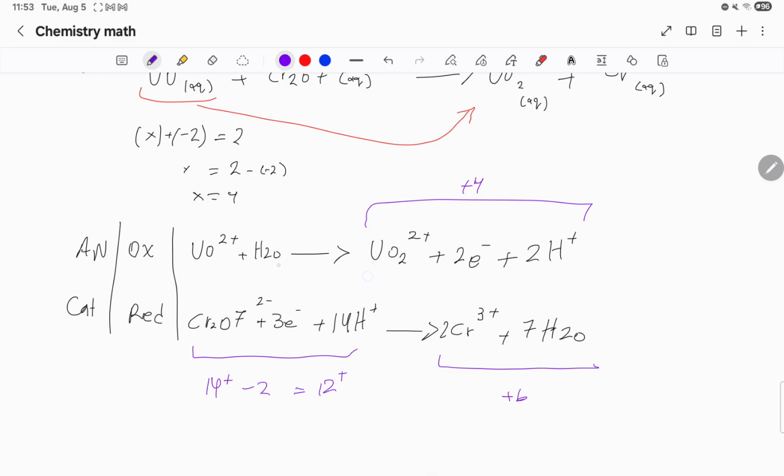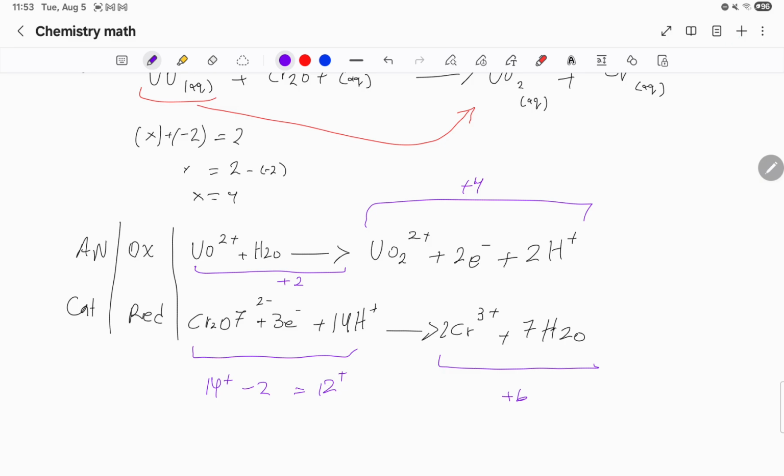What is the charge here? The charge here is +2. So, total charge on this side is +2. Total charge on this side is +4. Total charge on this side is 12. Total charge on this side is 6.